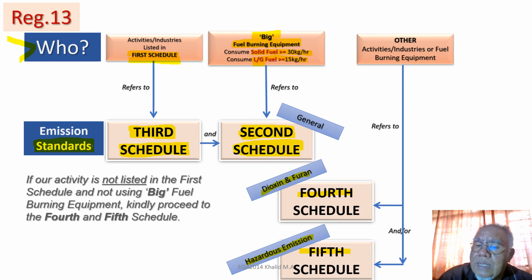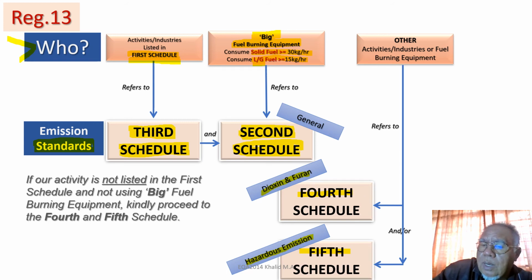The problem is sometimes we get gray areas. For example, in the first case, the industry is listed as a first schedule industry, but they have a smaller burner. How do we make of that?